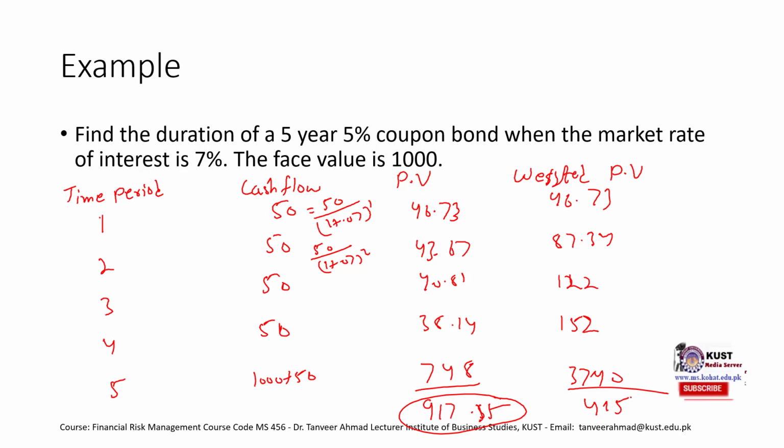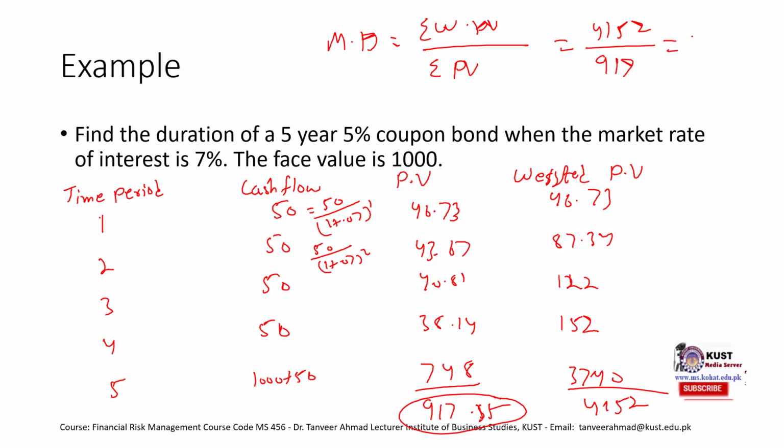To find Macaulay duration, it would be the sum of the weighted present value, that is this column, divided by the sum of present value. So 4152 divided by 917 would again give us the same answer, which is 4.52.